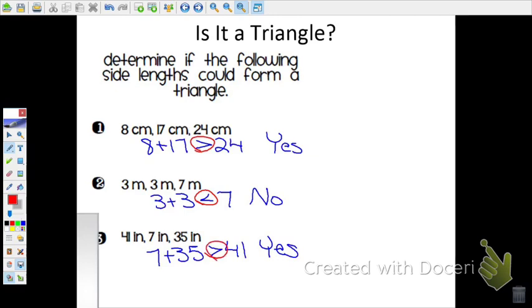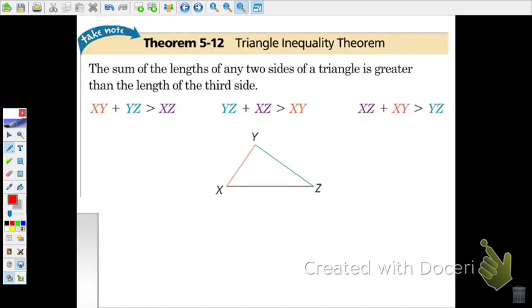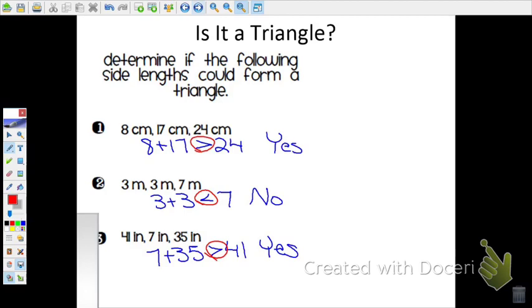What do you think it would be, yes or no, if it was an equal sign? No. If we think about what this said, any two sides has to be greater than the length of the third side. So if they are equal, it would be a no. Why? If I think about this yardstick, 36 inches, if I broke it into two equal parts, I'd have 18 and 18.